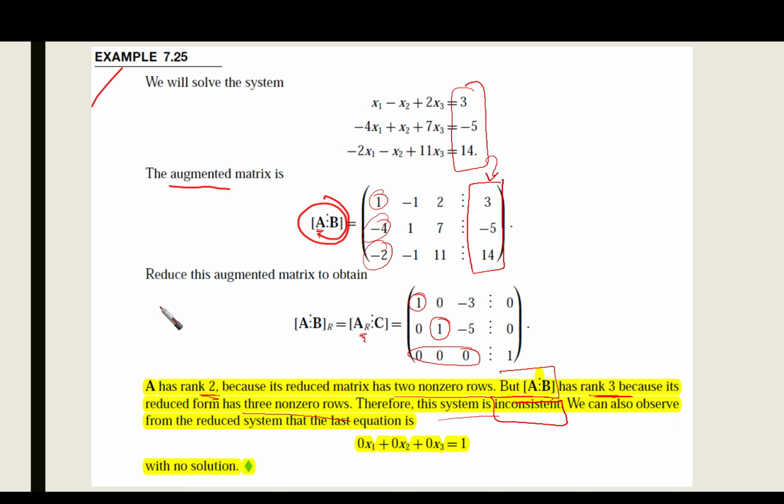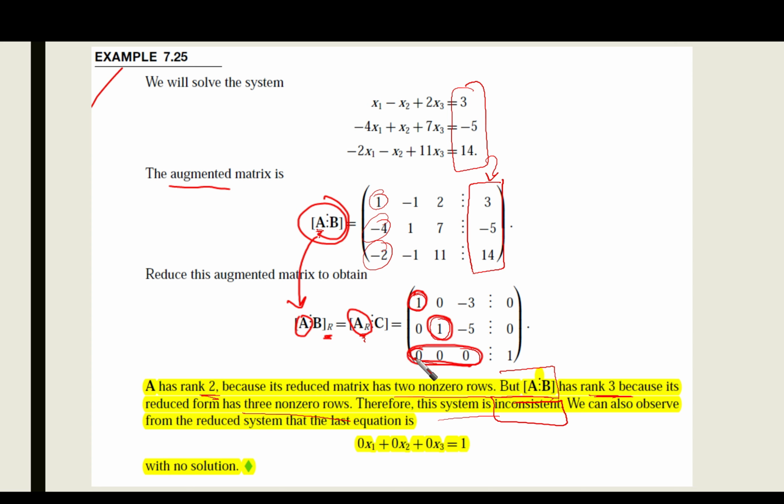So we're going to reduce this augmented matrix. In the reduction, inside the augmented matrix, A is by default going to be reduced. When you reduce it, you find here a leading entry 1, another one, and look here, at the end we have what?